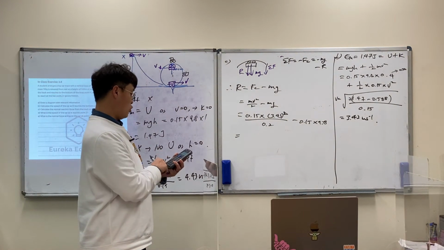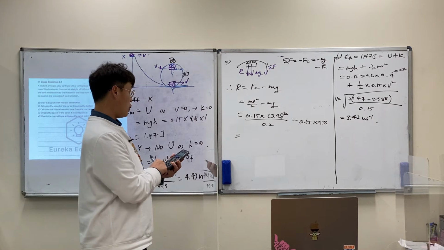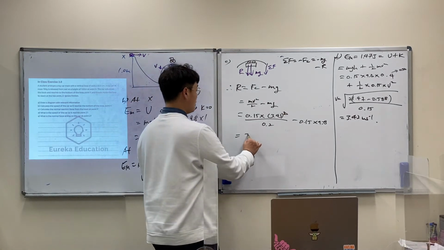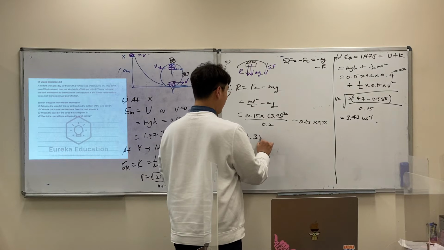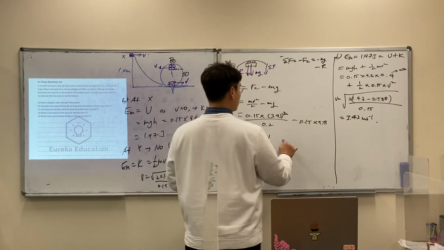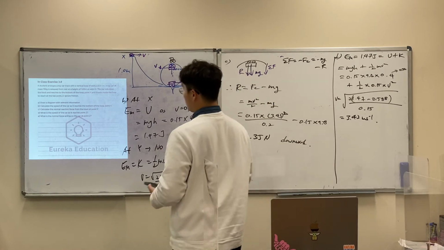So that's 0.15 times 3.43 squared divided by 0.2, minus 0.15 times 9.8. You're going to get 7.35 Newtons. The direction is now downwards. Final answer.